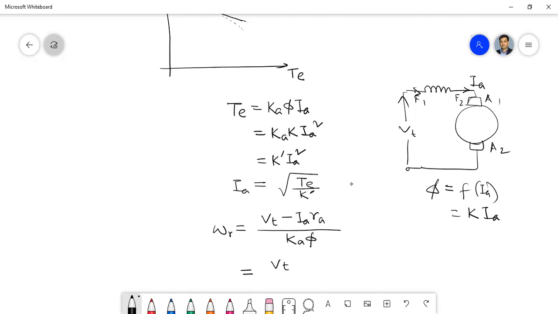That means Vt minus IaRa, where Ia can be substituted by root of Te by K prime into Ra, divided by Ka phi.